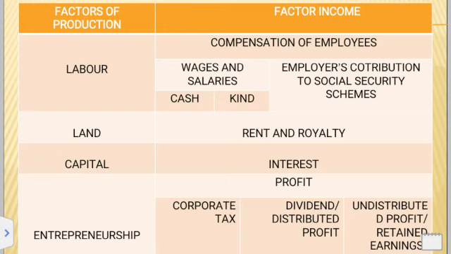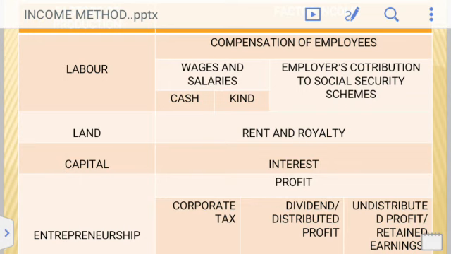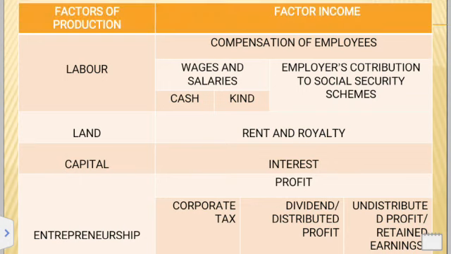That is his salary in cash. And suppose that employee has got free accommodation, a free housing facility for the job, for the labor that he is rendering. So that free housing facility is payment to that person, that is a part of compensation of employees in kind. It is not in money terms, it is in kind.